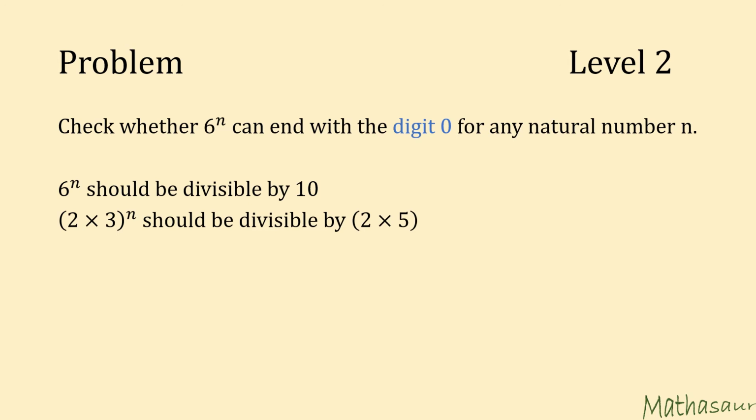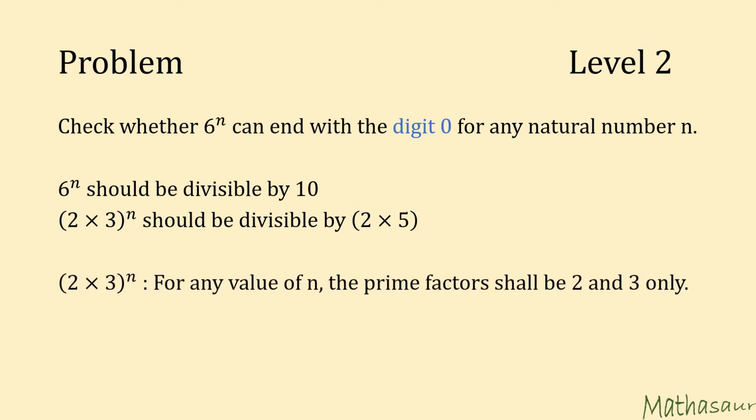Let us prime factorize both 6 as well as 10. We see that 6 has the prime factors 2 and 3, and 10 has the prime factors 2 and 5. Now for any value of n, 6 to the power n shall have the prime factors 2 and 3. These prime factors won't change.